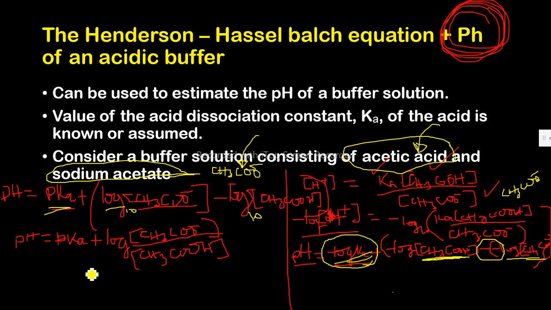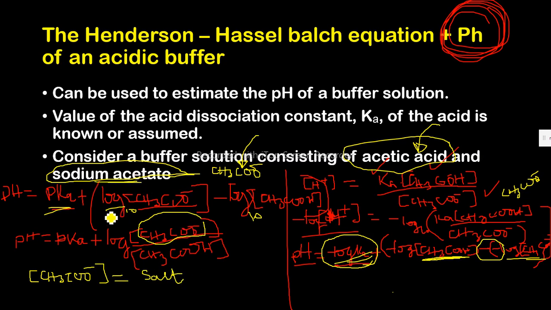So the assumptions here: we shall assume that the concentration of the acetate ions produced in this acidic buffer is equal to the concentration of the salt that is added, which is sodium acetate.